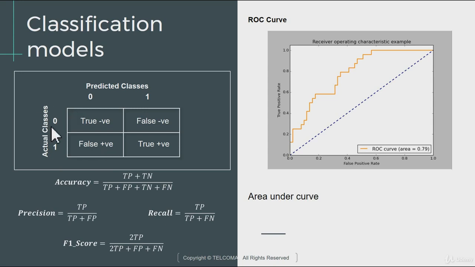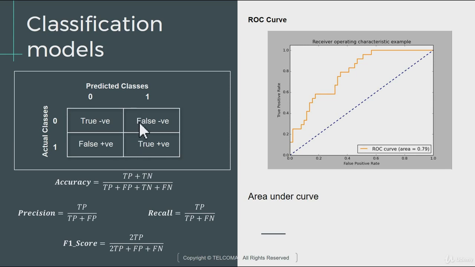So a correct version of 0 would be: actual is 0, predicted is 0. That's a true negative. And when actual is 0 and predicted is 1, that will be a false positive. Now, the definitions of true positive and false positive will actually change based on how you define 0 and 1.